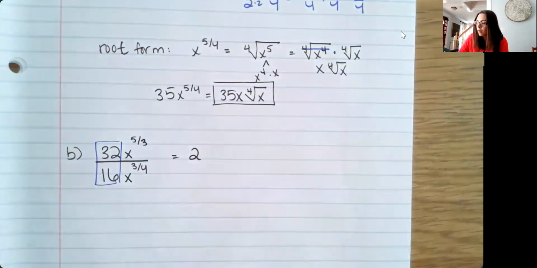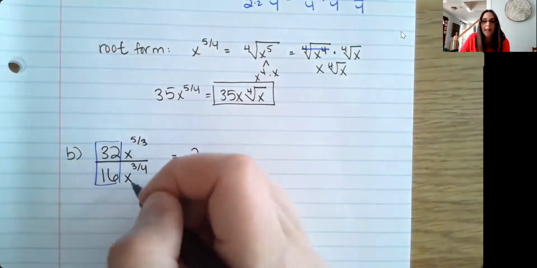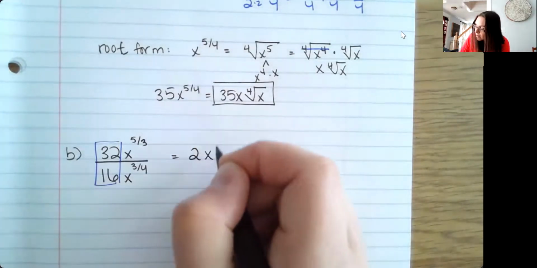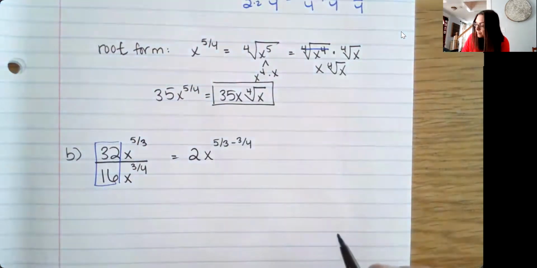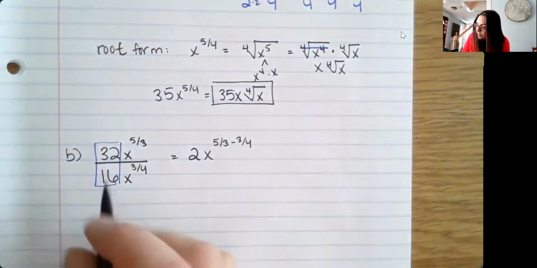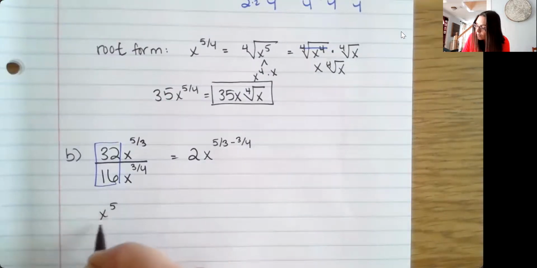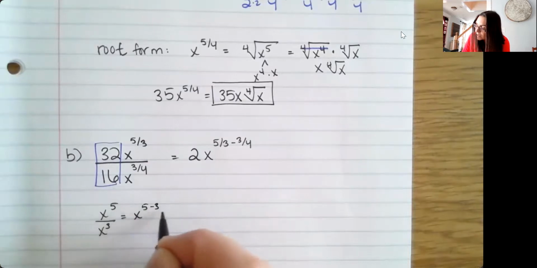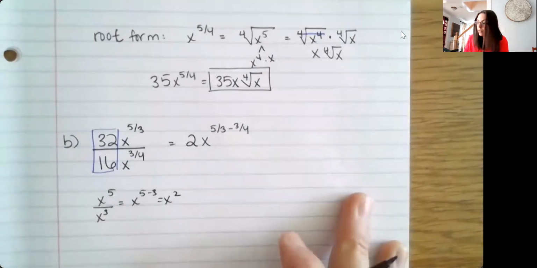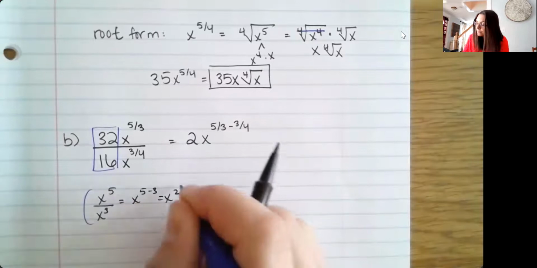And then remember, for our exponents here, we subtract them when we're dividing. So it's x to the 5/3 minus 3/4. So for instance, if I had something like x to the 5th over x to the 3rd, this would be x to the 5 minus 3, which is x squared. That was the rule there that we've kind of learned before.